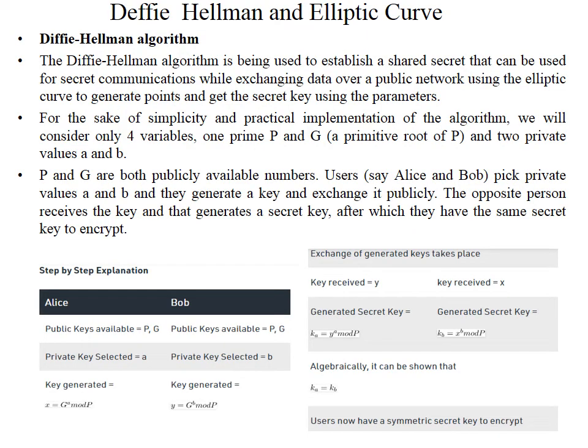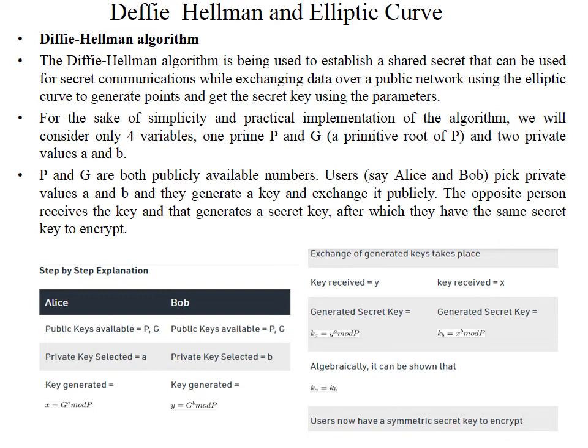Private key selected by Alice is A, private key selected by Bob is B. Key generated by Alice is X is equal to G to the power of A mod P, and key generated by Bob is Y is equal to G to the power of B mod P. Now after this they exchange the generated keys.